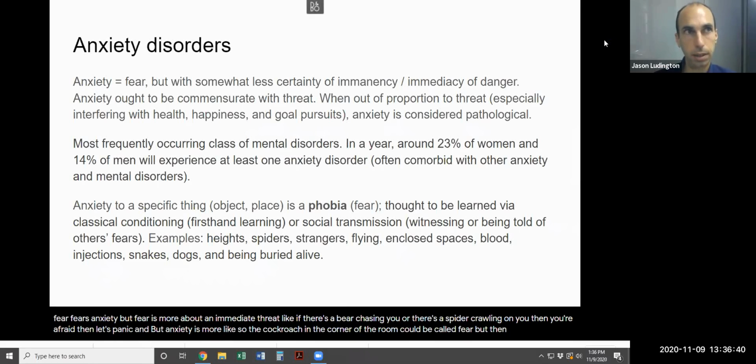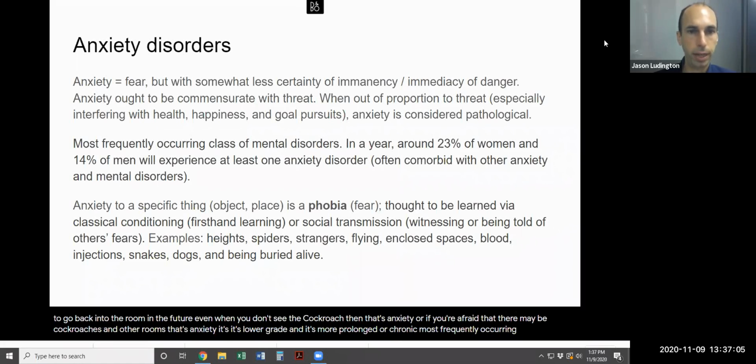But if you are nervous to go back into the room in the future, even when you don't see the cockroach, then that's anxiety. Or if you're afraid that there may be cockroaches in other rooms, that's anxiety. It's lower grade and it's more prolonged or chronic.